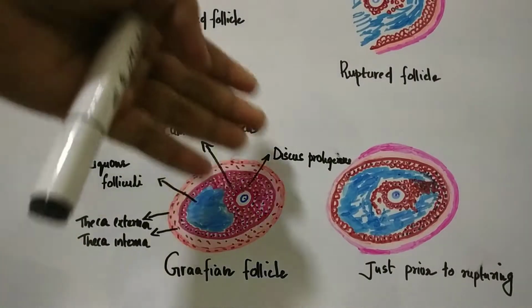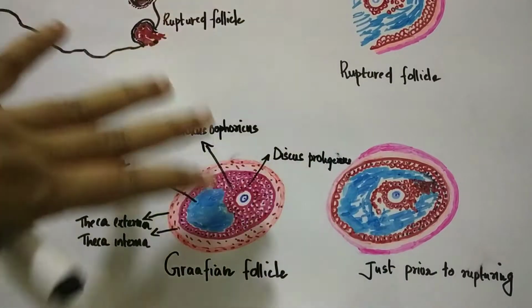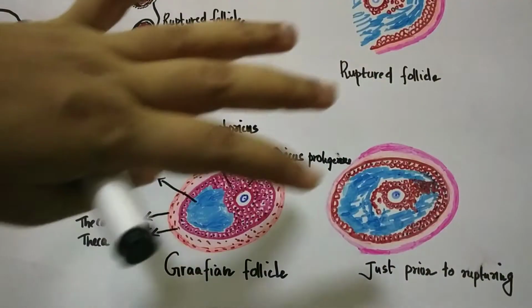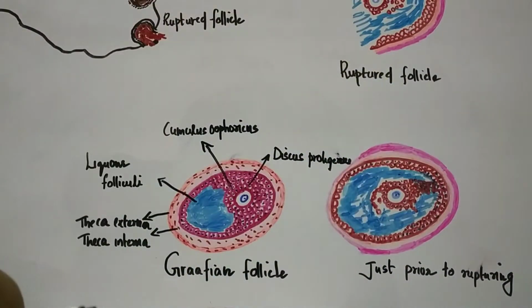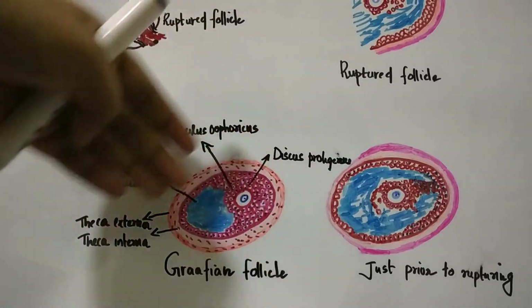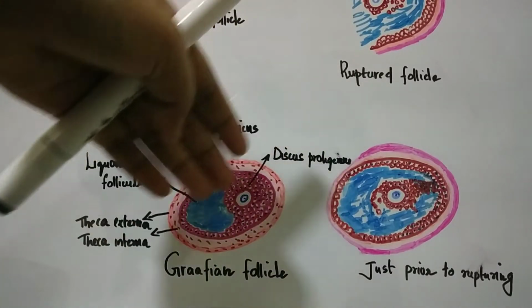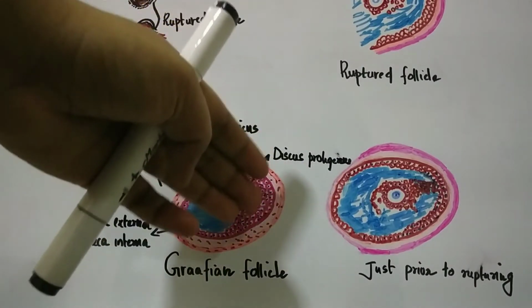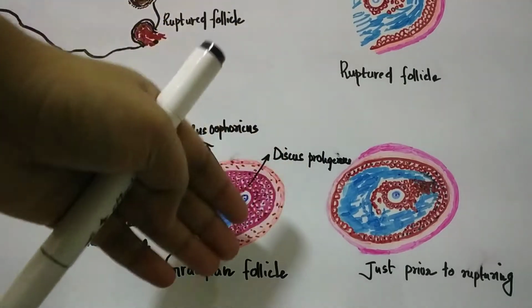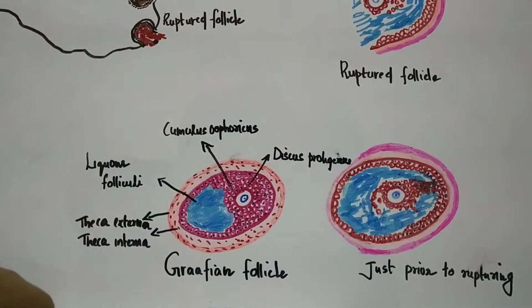In the last class we already discussed the structure of a Graafian follicle. Today we will just go through it so that you can get an idea how the follicle ruptures and the ovum is released. It has the following parts: the cumulus oophorus, a group of cells that projects towards the follicular antrum, and the discus proligerus, cells that attach the primary oocyte to the wall of the follicle.